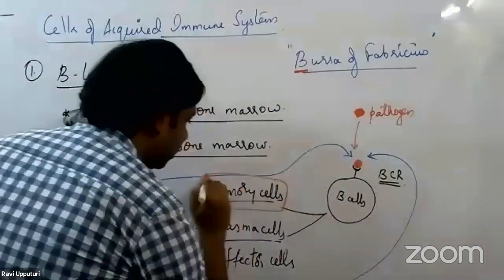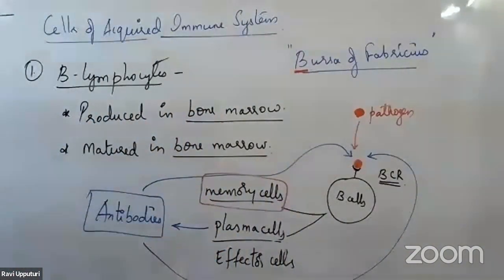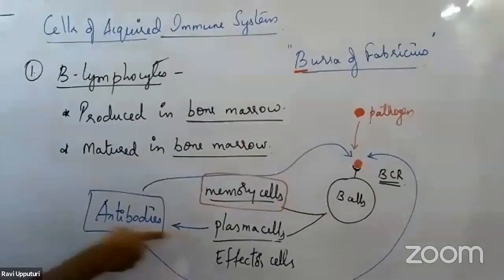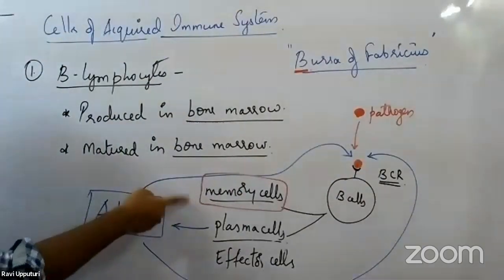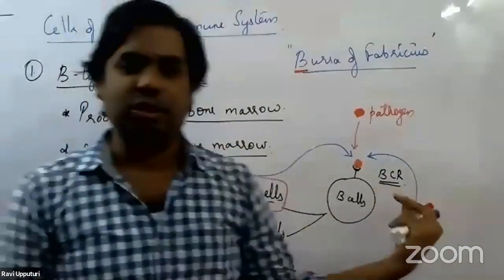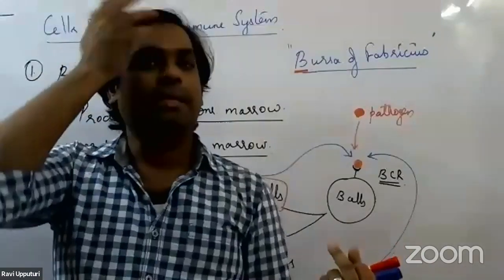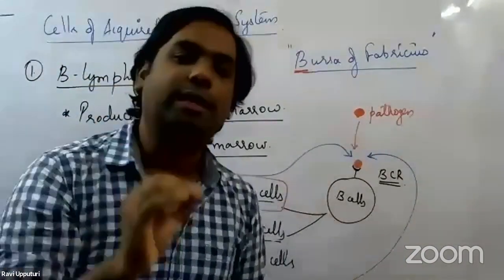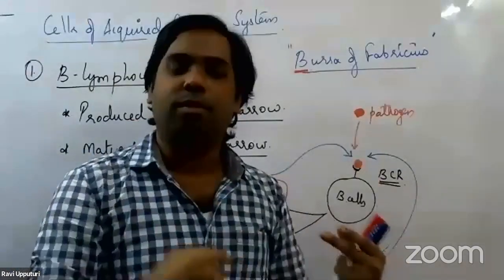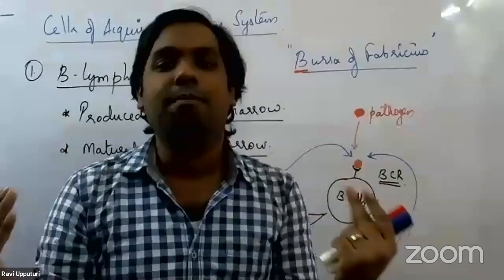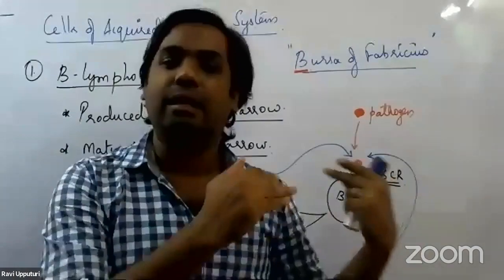Right. Now, we are left with one more cell, which is the memory cell. One type of differentiated cell, the plasma cell, would produce antibodies and destroy the antigen. The second type of cell is the memory cell. We saw that yesterday in the previous session, right? One of the basic, unique characteristic features of the acquired immune system is memory, their ability to remember the pathogen that has entered into the body.